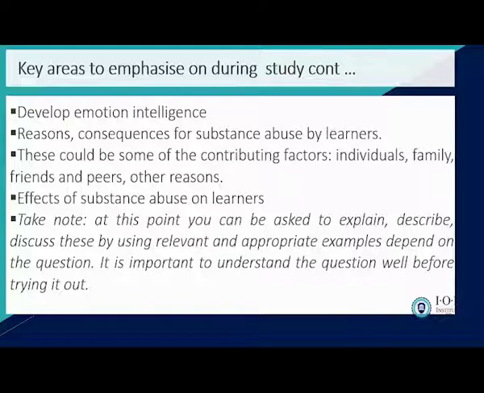Reasons and consequences for substance abuse by learners. Why do learners use substances? In other words, there should be a reason why a child starts drinking, why a child starts smoking. What are those reasons, and what are the consequences after drinking and smoking? What comes thereafter? Those are the consequences that we need to know. Contributing factors could be individuals, family, friends, and peers.